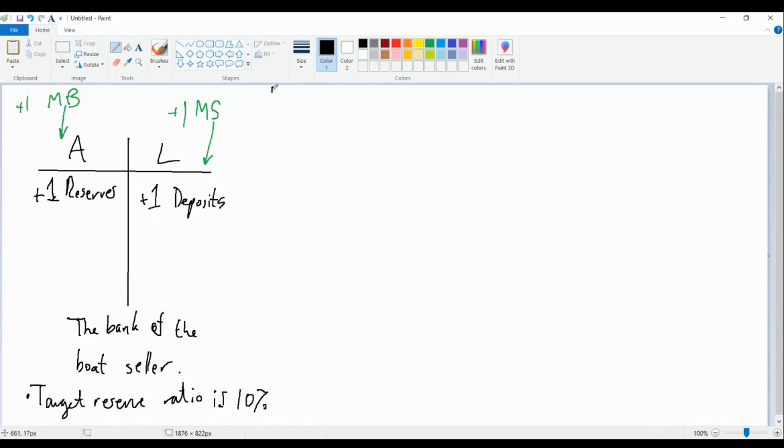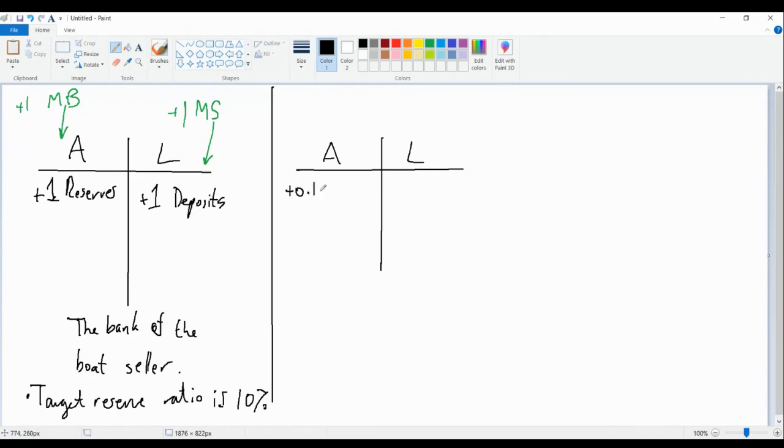Not all of it. It still wants to keep 10% of that on its balance sheet as reserves. So what's 10% of 1? 10% of 1 is 0.1. And the rest they would like to lend out.